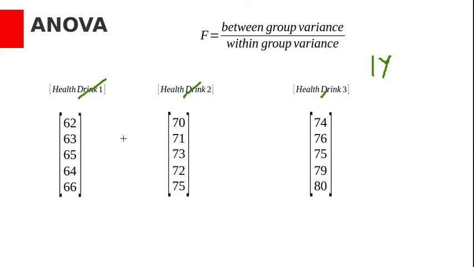If we observe here, even within this group we have some variation within their heights. Within this group also some variation within group, and even in this group also. The first group average height is 64 centimeters, second group average height is 72.5 centimeters and third group average height is 78 centimeters.